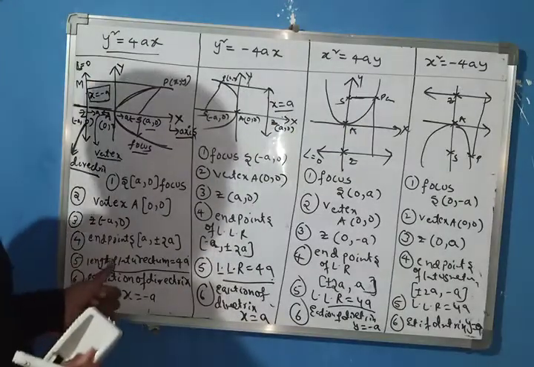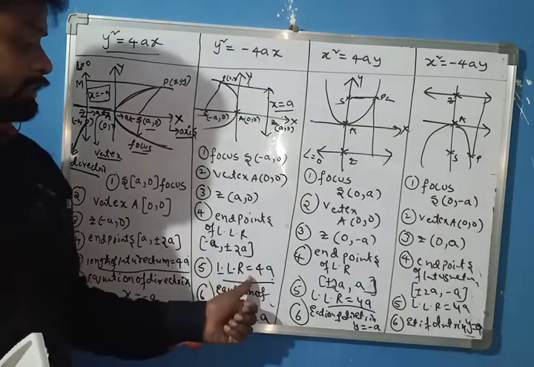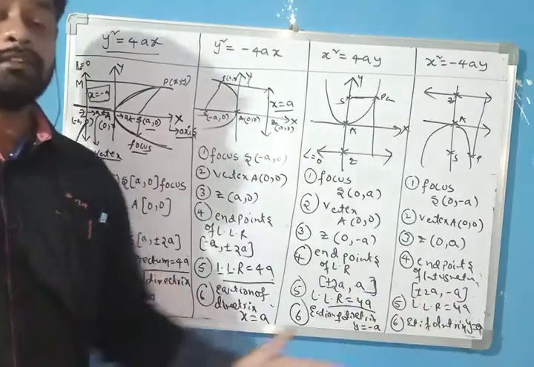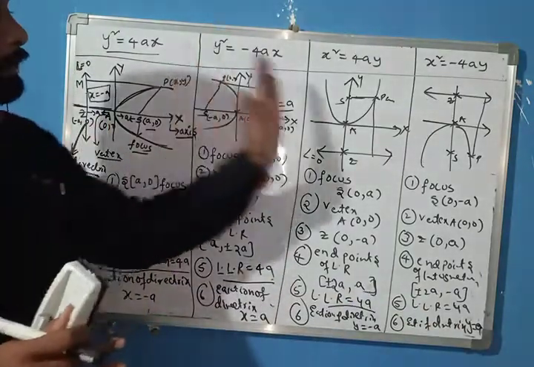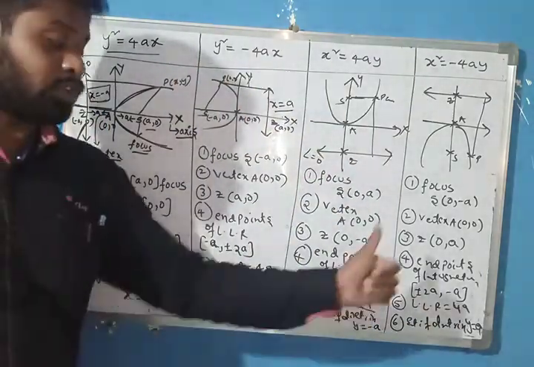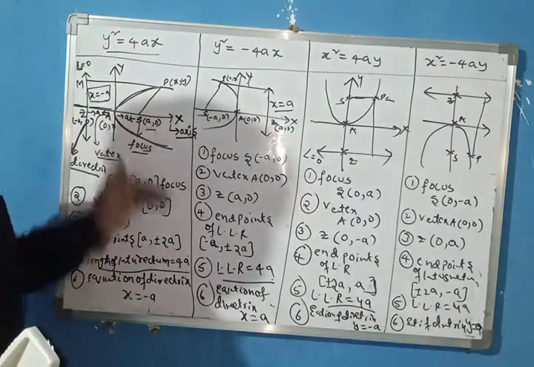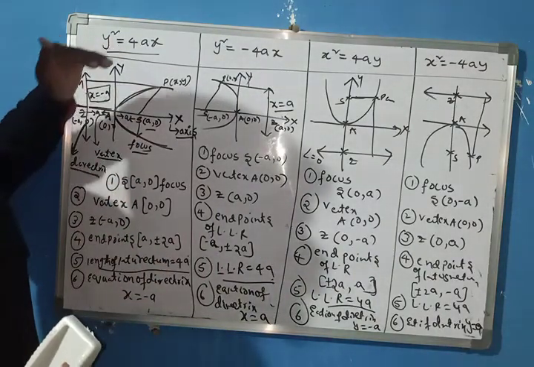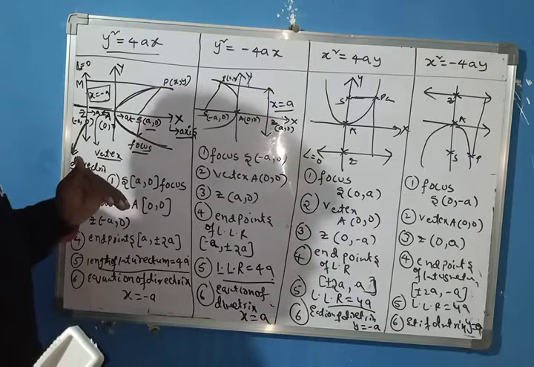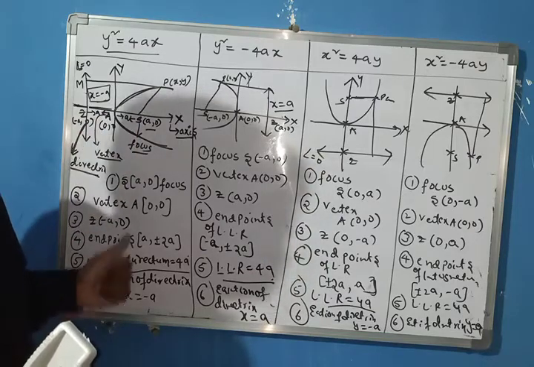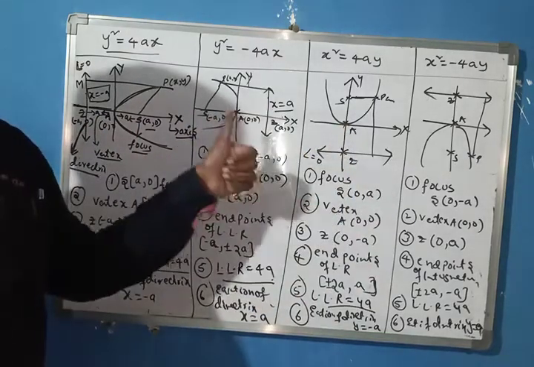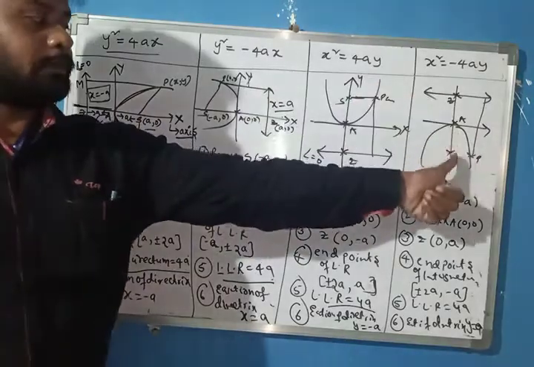One more: length of the latus rectum is 4a in all four forms, 4a. Remaining are small changes with respect to the positive and negative x-axis and y-axis.